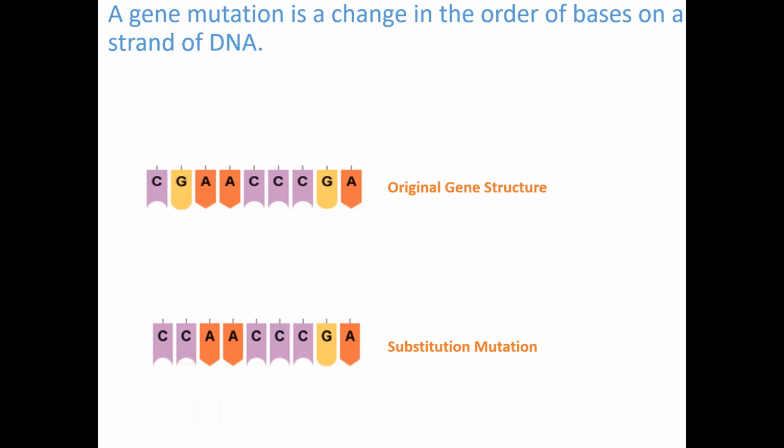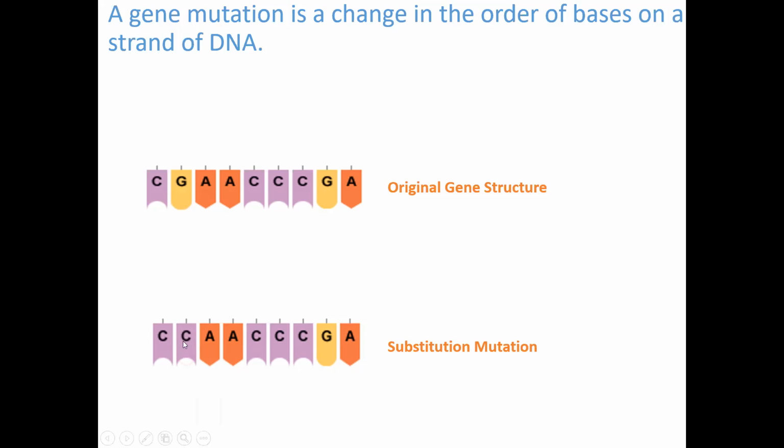If we put in a different base in here, that's a substitution. So here we see cytosine, guanine, adenine is substituted. Let's see, CCA, we put a cytosine in here instead of a guanine. A substitution mutation. This is not a copy down here.